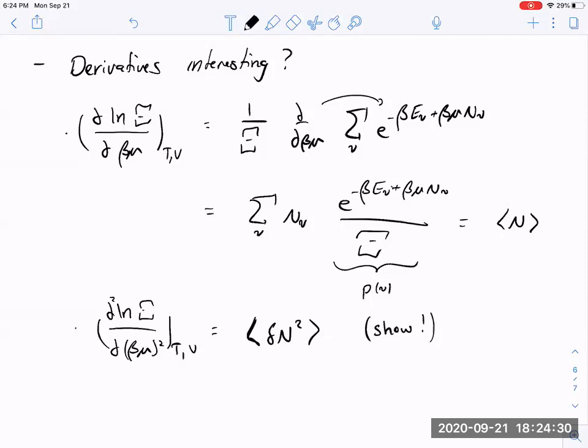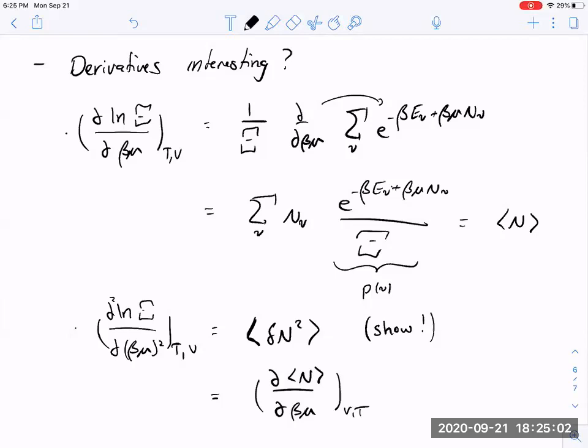The first derivative generates the first cumulant, the average number of particles. The second derivative generates the second cumulant, the variance in the number of particles. And just as before, we can take two derivatives and get that variance, or a derivative of the derivative, namely how the average number of particles changes with chemical potential, holding V and T fixed.